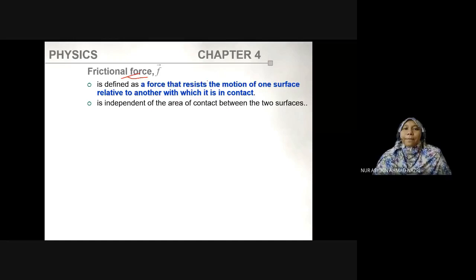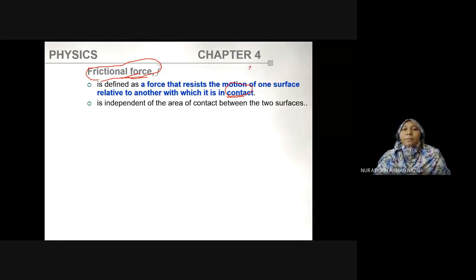So frictional force ni depends pada dia punya application. Okay, so the motion of one surface relative to another which it is in contact, dengan syarat frictional force berfungsi if and only if it is in contact. Kalau tak ada contact, tak ada. Okay, why?